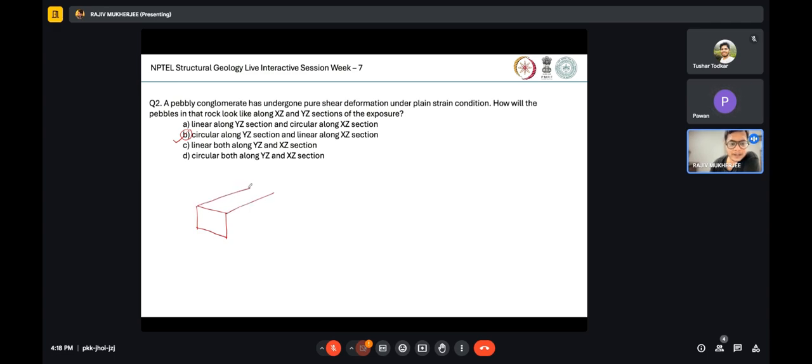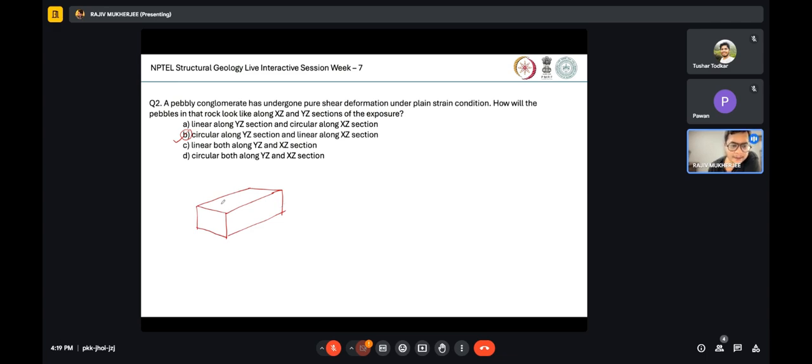So whenever we are talking about strain, pure shear, consider this as a strain ellipsoid, right? So you have to think in terms of strain ellipse, not the stress ellipse, right?